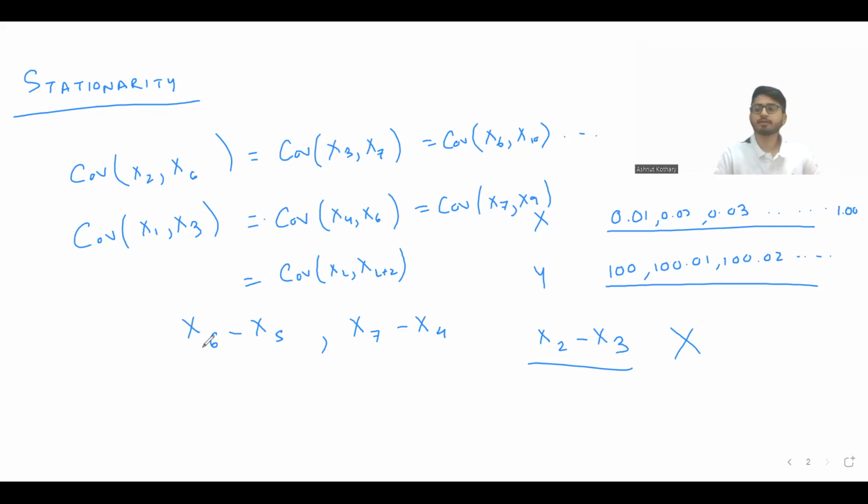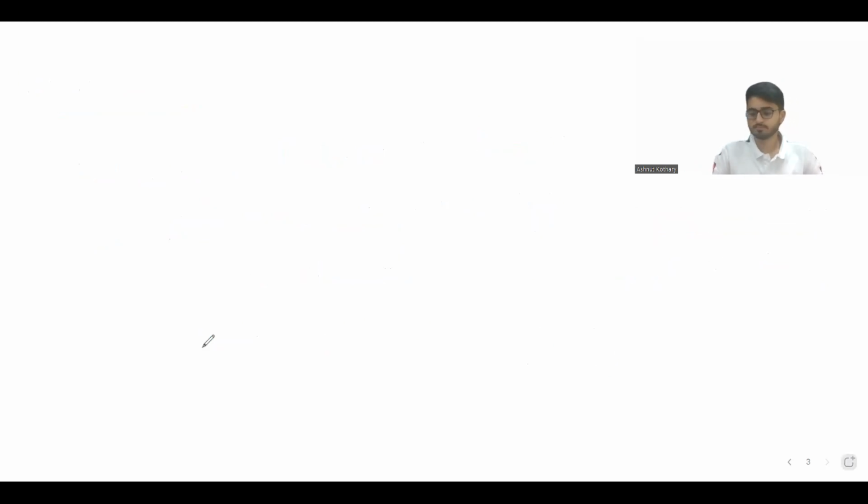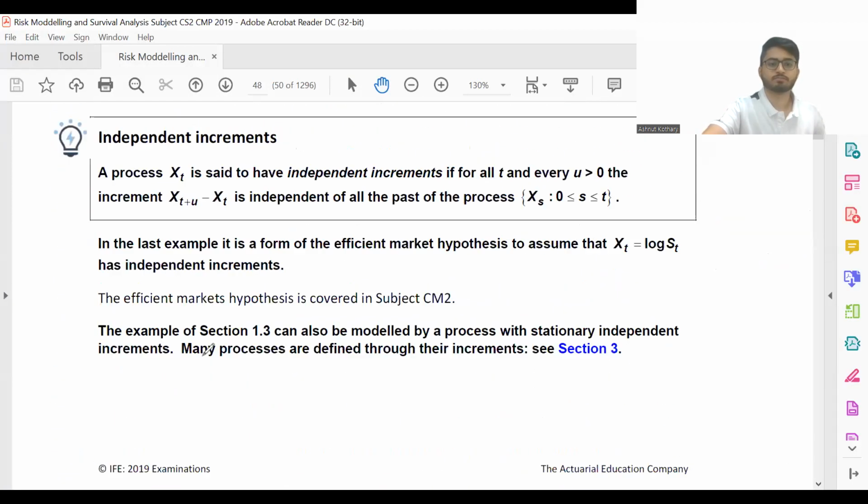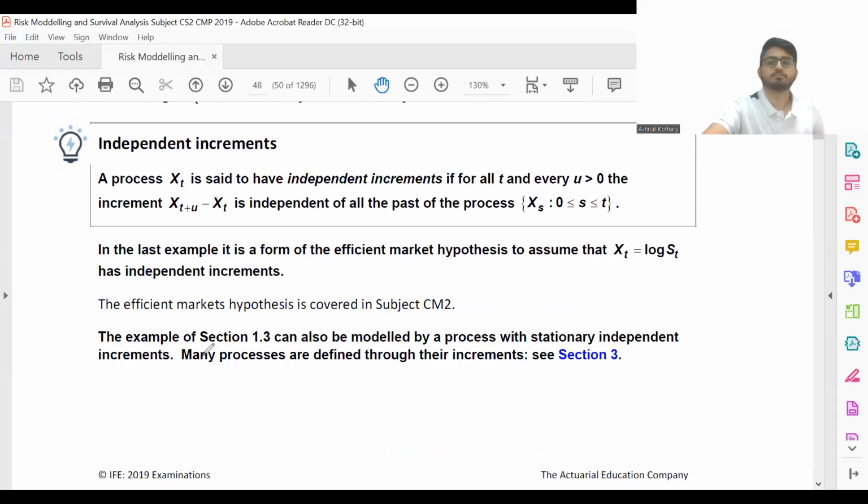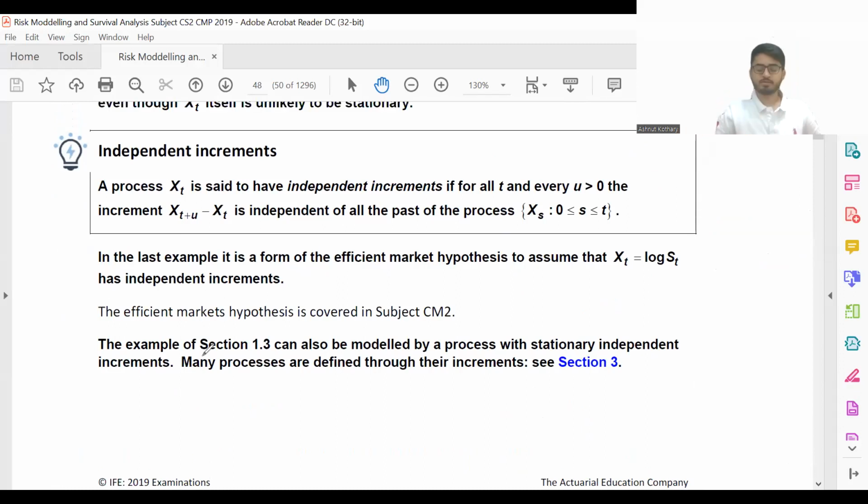Next, independent increments. So take this down.